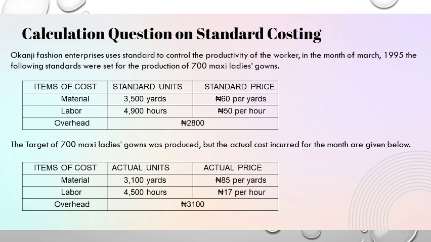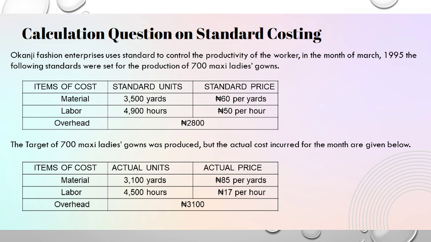The items of cost are material, labor, and overhead, and the standard units are 3,500 yards, 4,900 hours, with standard prices of 60 naira per yard and 50 naira per hour. And the overhead price is 2,800 naira. So now the target of 700 maxi ladies gown was produced, but the actual costs incurred for the month are given below.